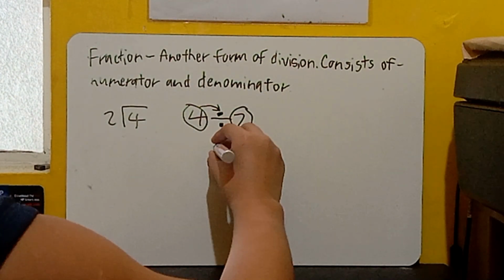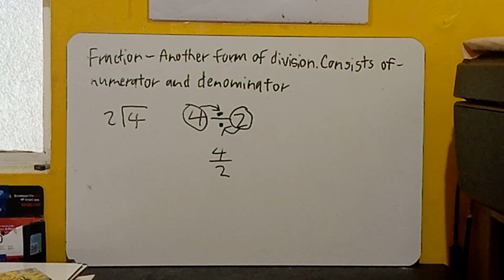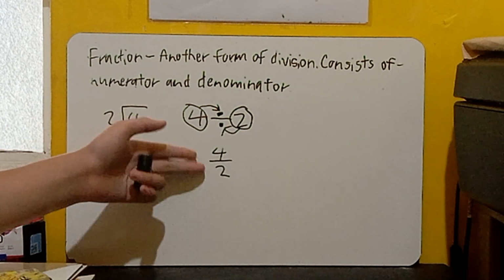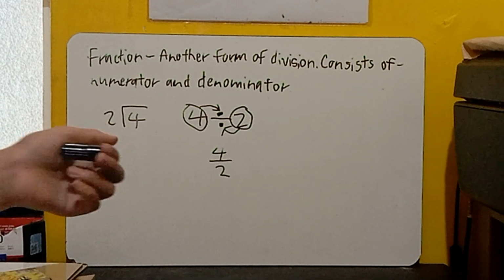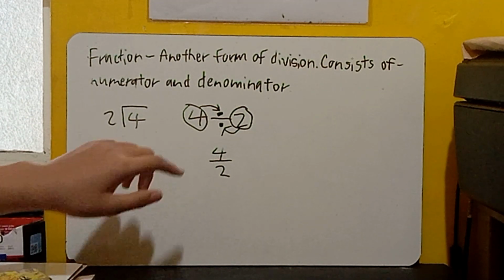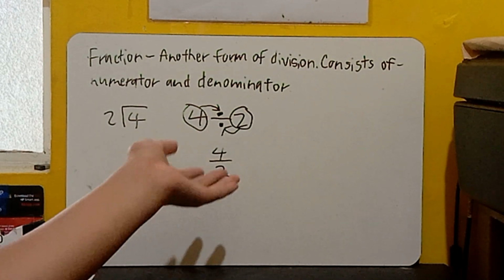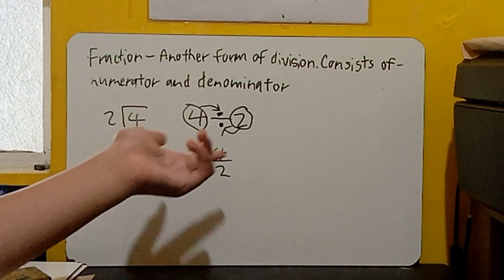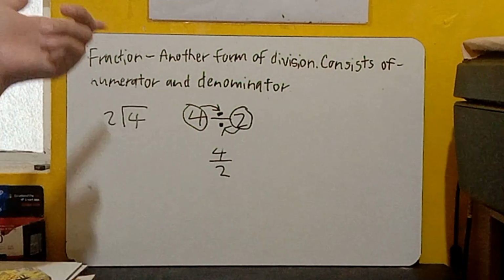So that's gonna be 4 halves. It's not 4 divided by 2 anymore. Actually, you can still call it 4 divided by 2, but the more appropriate way is 4 halves. But you can also call it 4 over 2, so it's easier.